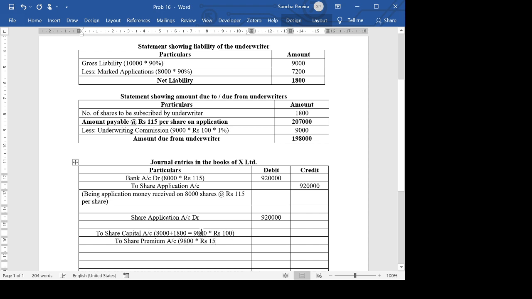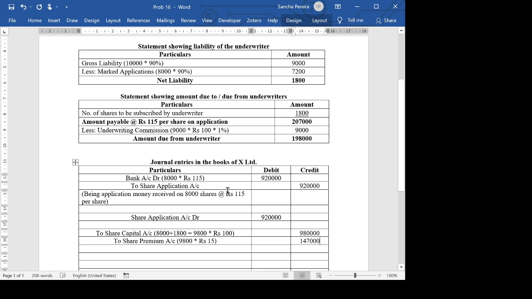I don't show 115 here because 100 goes to share capital, 15 goes to share premium. So if I multiply this, it will be 9,80,000, and 9,800 into 15 is going to be 1 lakh 47,000.